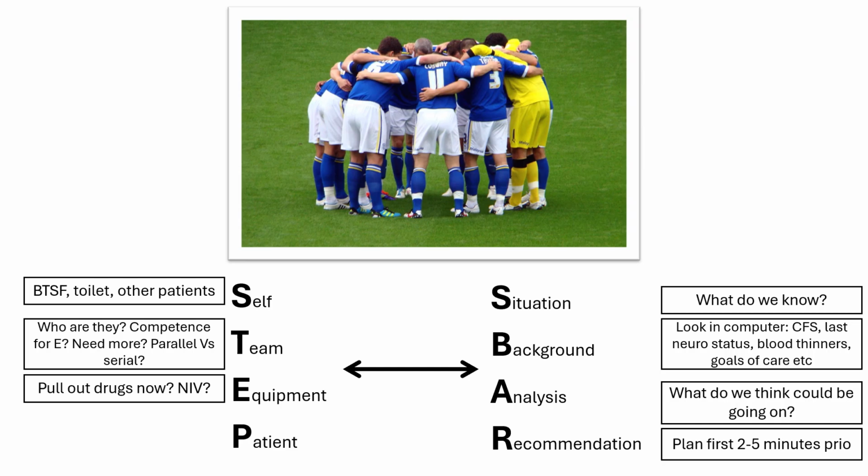So if it's a neuro patient coming in, I really want to know the last good neuro status or a neuro exam that's been done, because that's what I'm going to compare what I'm seeing with the patient now to.